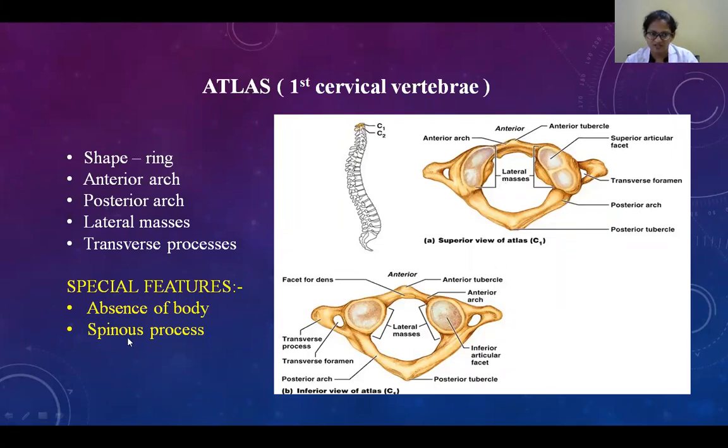The main special feature here is the absence of the body. In the first cervical vertebra, or atlas, the body is absent. The spinous process is also absent, and it resembles a posterior tubercle. In the atlas there is no body and no spinous process.